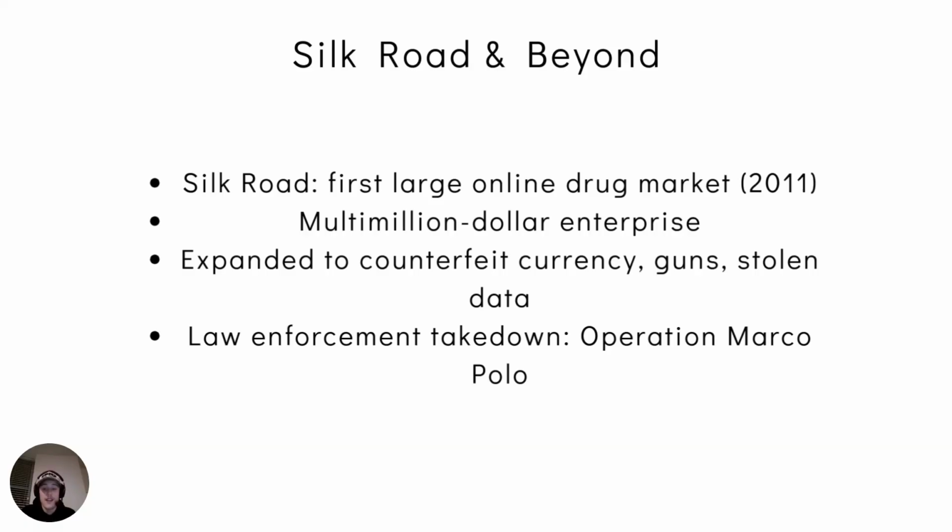It was created in 2011 by Ross Ulbricht. I believe he was in college at the time, but it quickly expanded to include counterfeit currency, firearms, and stolen data. The huge part was that within 2 years, he made over $217 million in profit from these transactions.